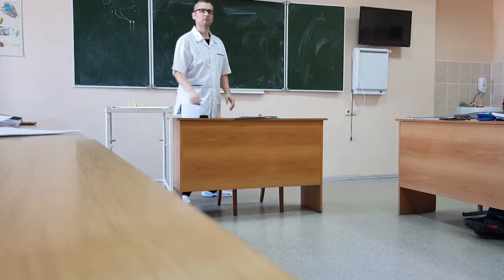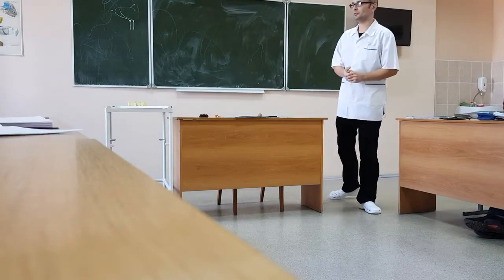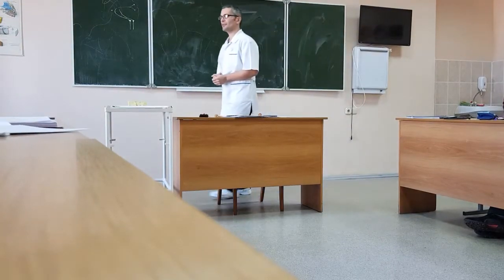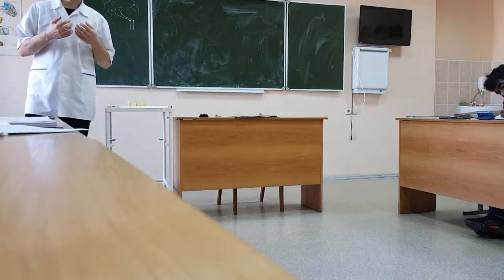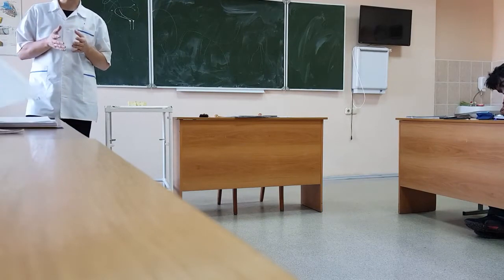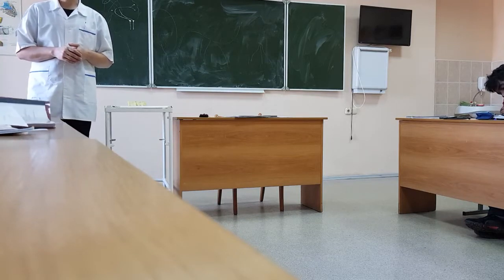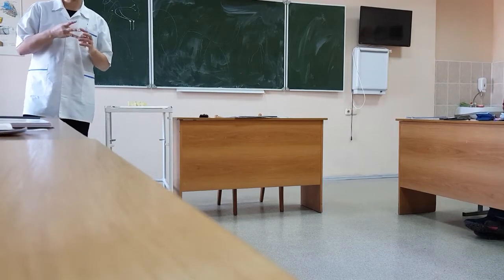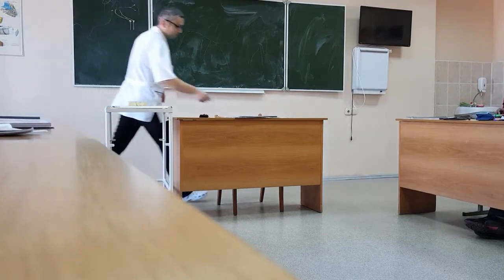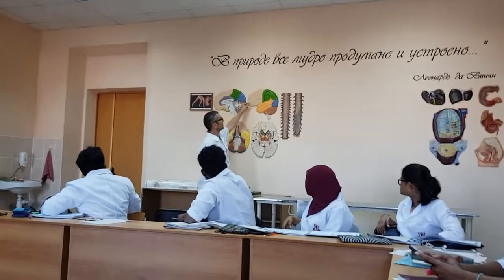So what is the function of the gyrus frontalis superior in the frontal lobe? There is no exact function of this gyrus, but we can talk about this: there is the gyrus precentralis, and the rest of the frontal lobe consists of three gyri: frontalis superior, medius, and inferior.